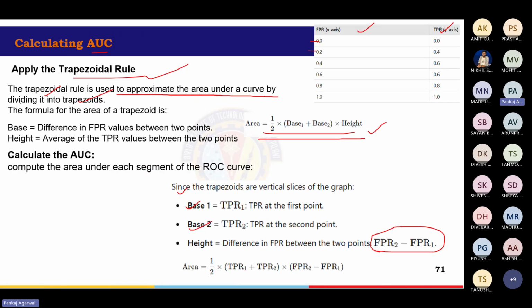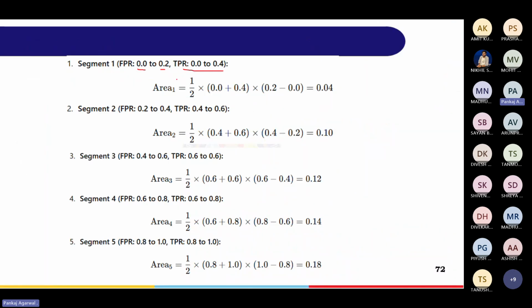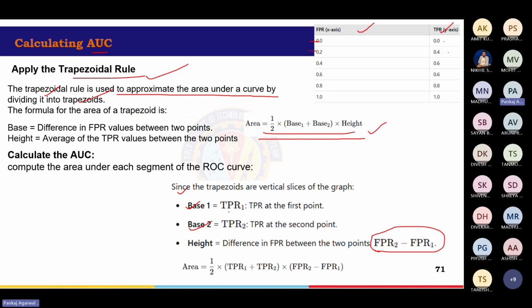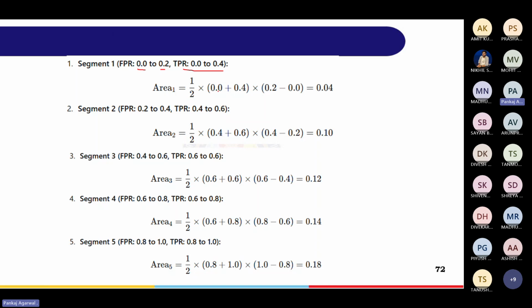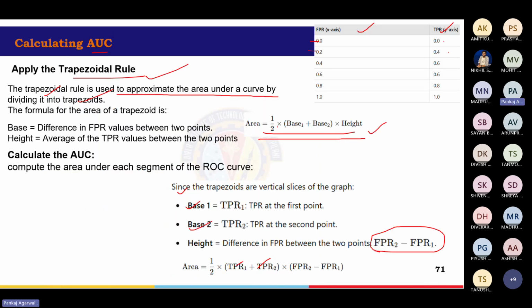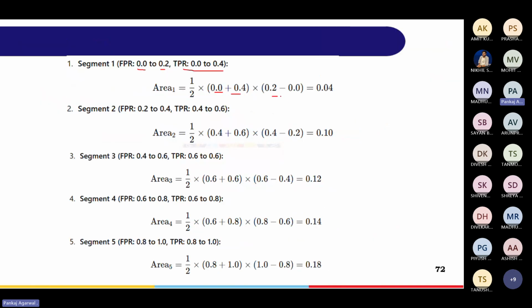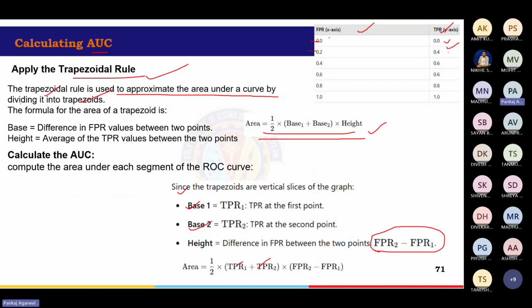Then you calculate the area: TPR1 plus TPR2, the first two values, 0.0 and 0.4, summed up, multiplied by the difference between the two FPR values.